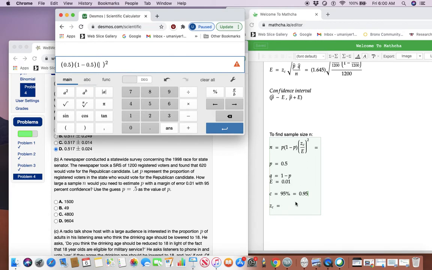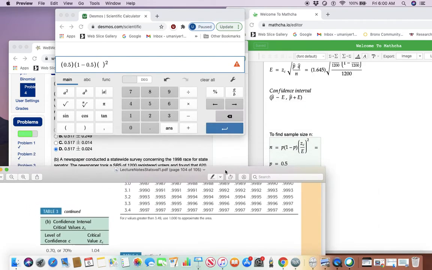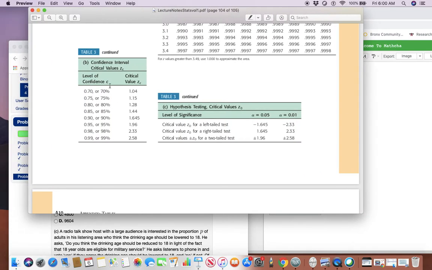We haven't yet found ZC. That is in our table. For 0.95, ZC is 1.96.